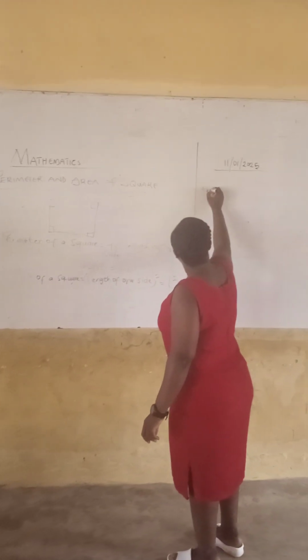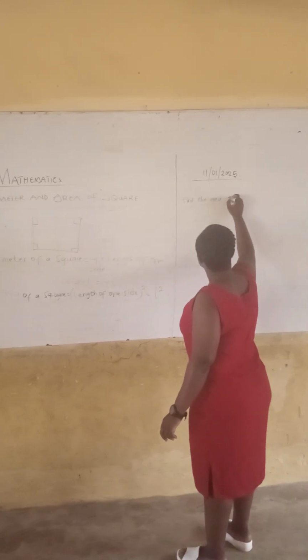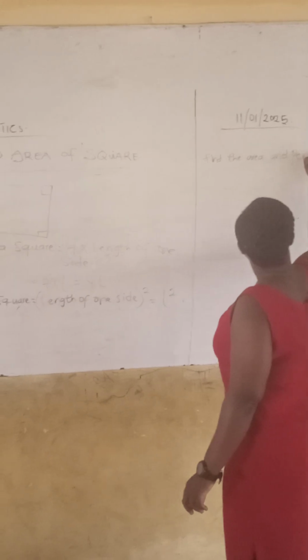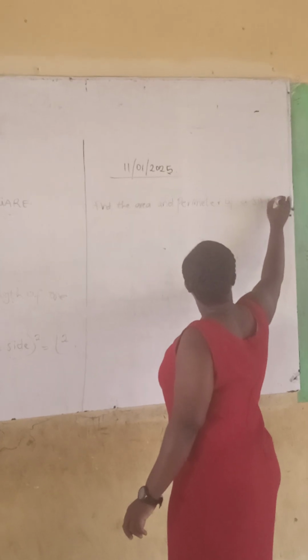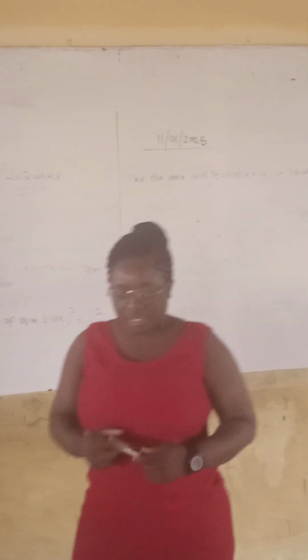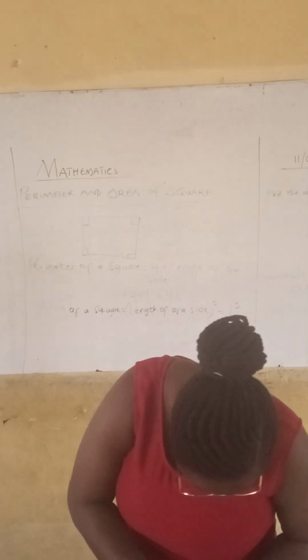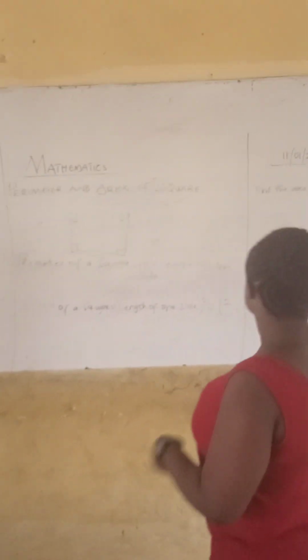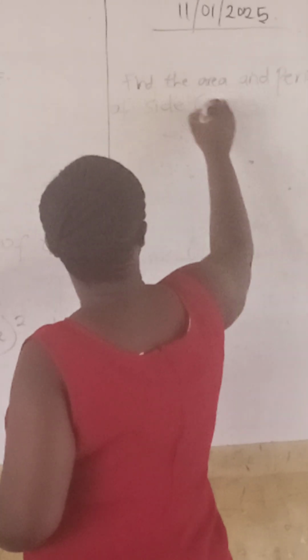Find the area and perimeter of a square of side 6 centimeters. Follow what we are doing, concentrate, and let's start.